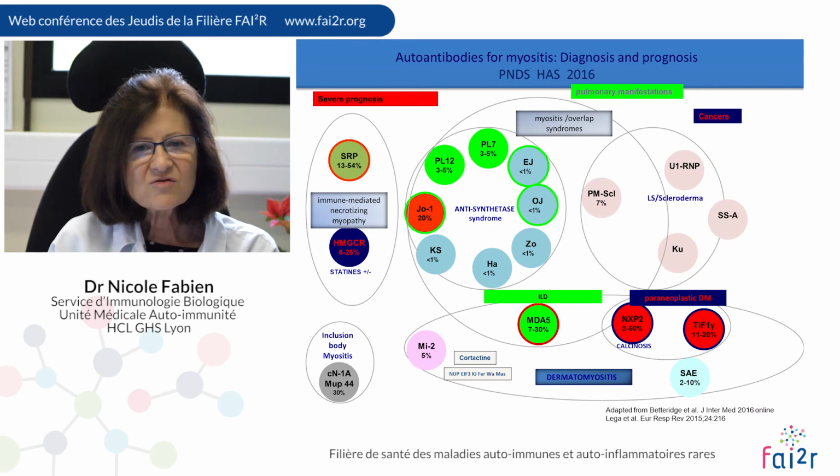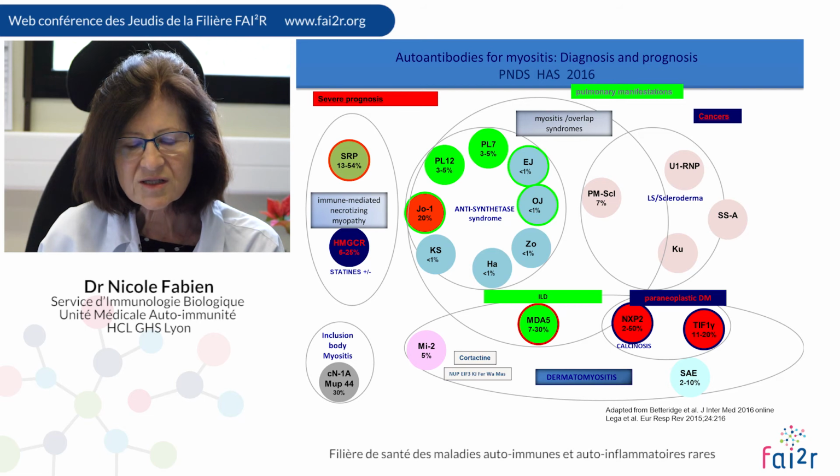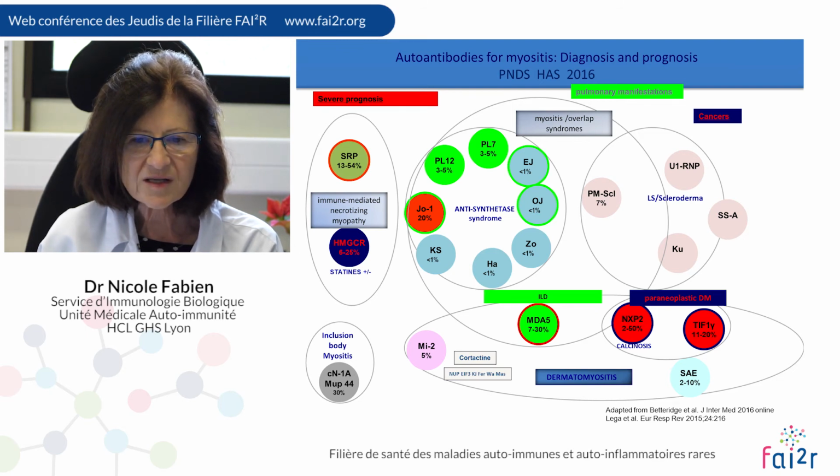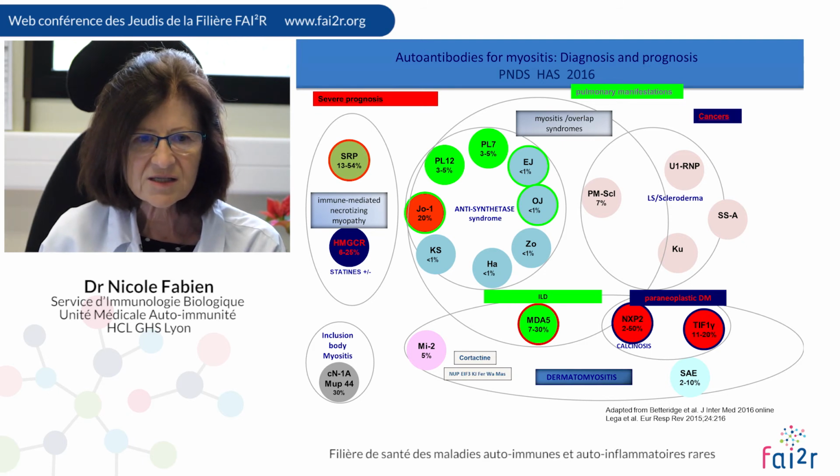For the big group of myositis, it's really interesting to see how numerous new antibodies have been discovered and could be very interesting in diagnosis and also in prognosis, because anti-MDA5 are associated with extremely severe pulmonary manifestation, anti-NXP2 and anti-TIF1 gamma with cancer, so they are very, very interesting in clinical practice.